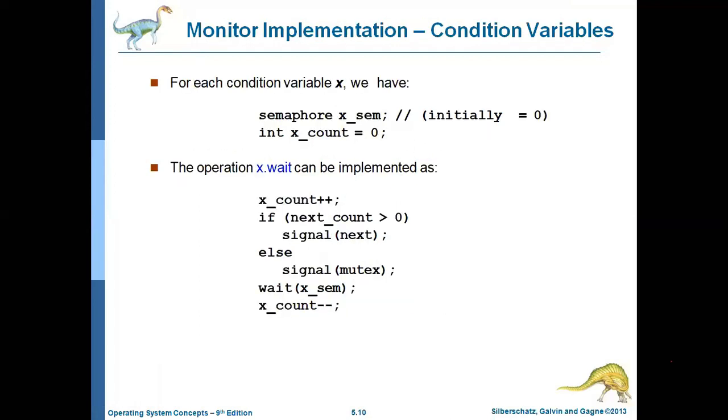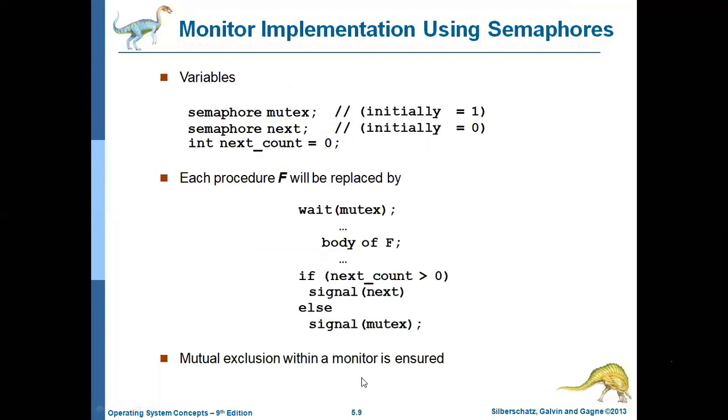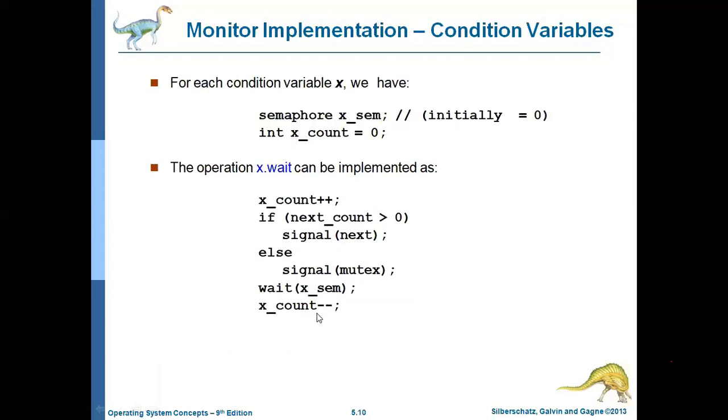So instead of wait of mutex and signal of mutex, there is some procedure. Here we said each procedure F will be replaced by this. So the procedure is replaced by wait and signal, because we only get the code for semaphores, wait and signal. So this is the monitor implementation using semaphores.